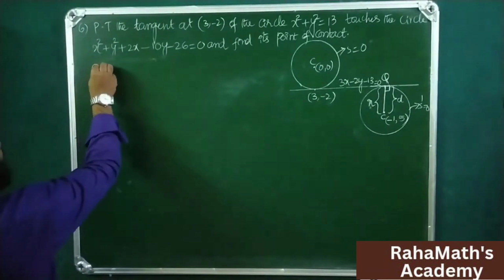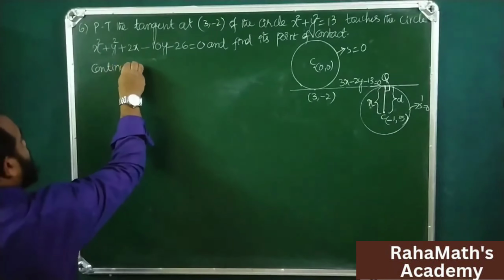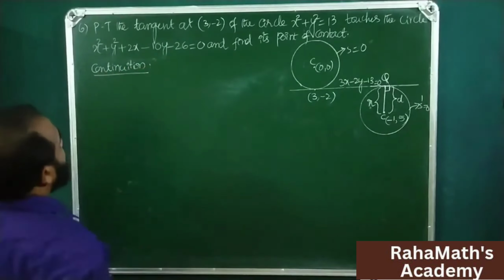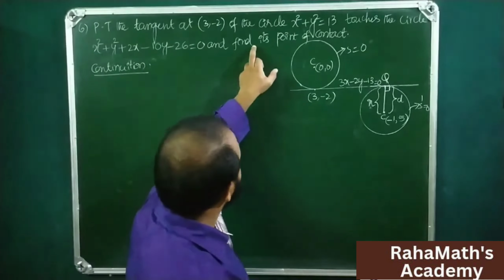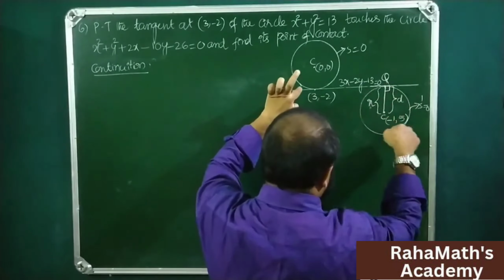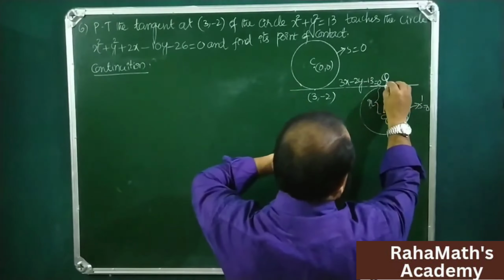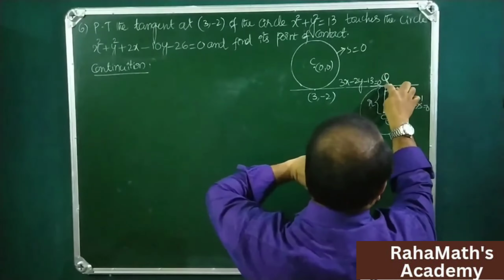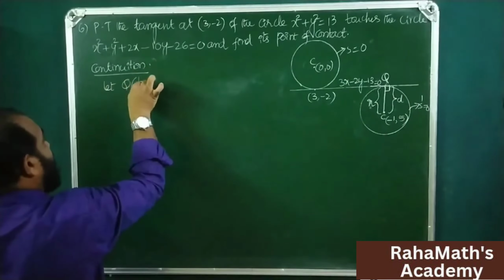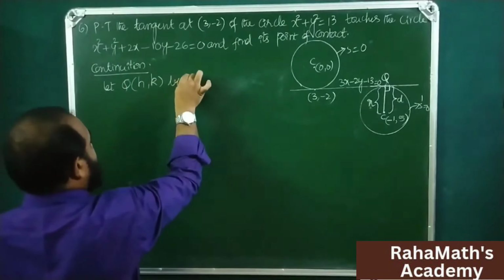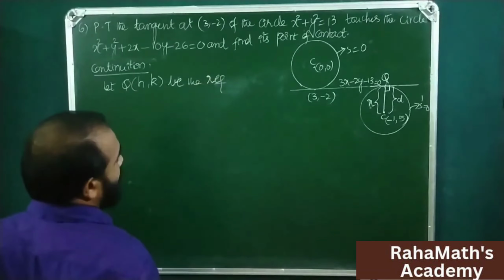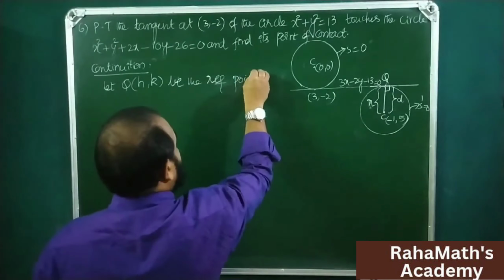Next, continuation. He is asking us to find the point of contact. This line touches this circle at this point, so we need to find the point of contact. Let Q(h, k) be the required point of contact.